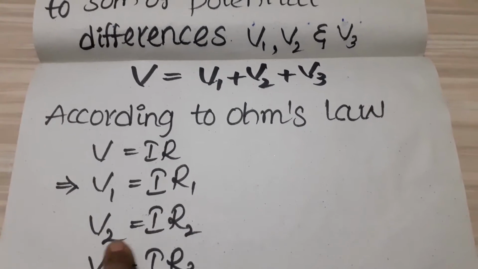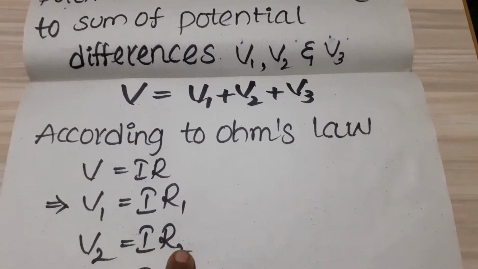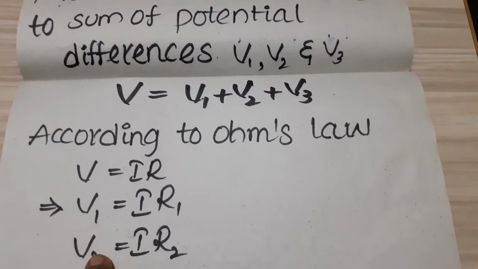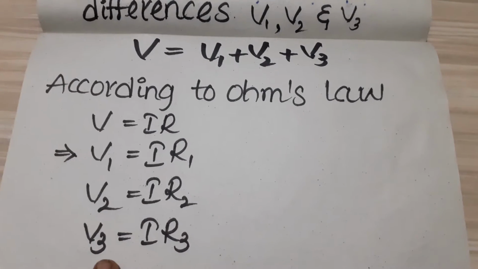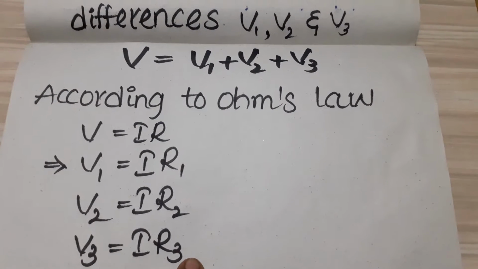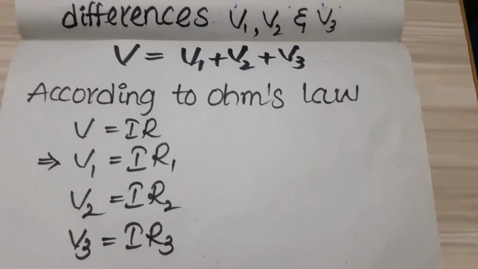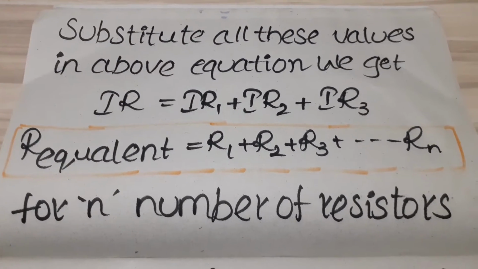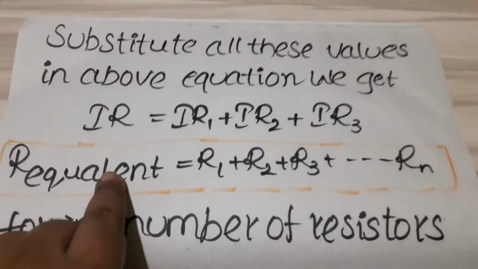Similarly, for V2, the potential difference across resistor R2 is V2, and the current is the same, that is I. I am going to find the potential difference V3 across the resistor R3 with the current I. Now substitute all these values V1, V2, V3 in the above equation.